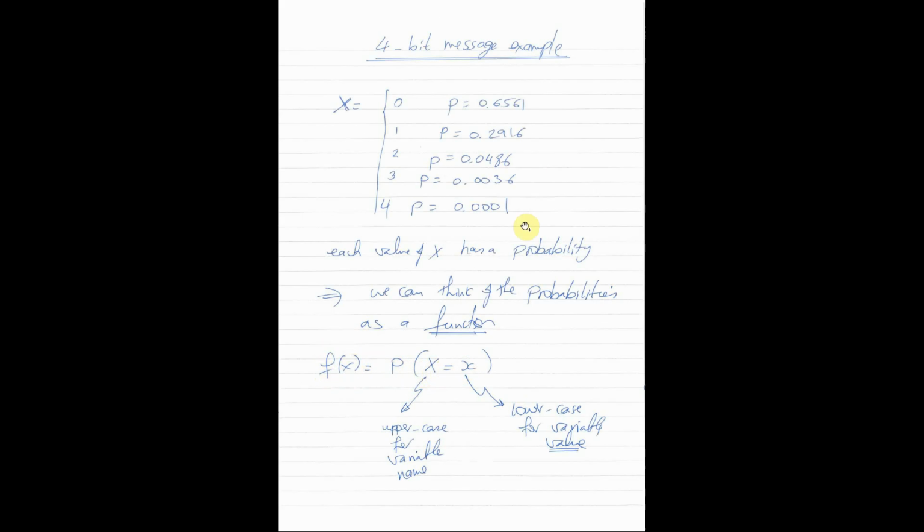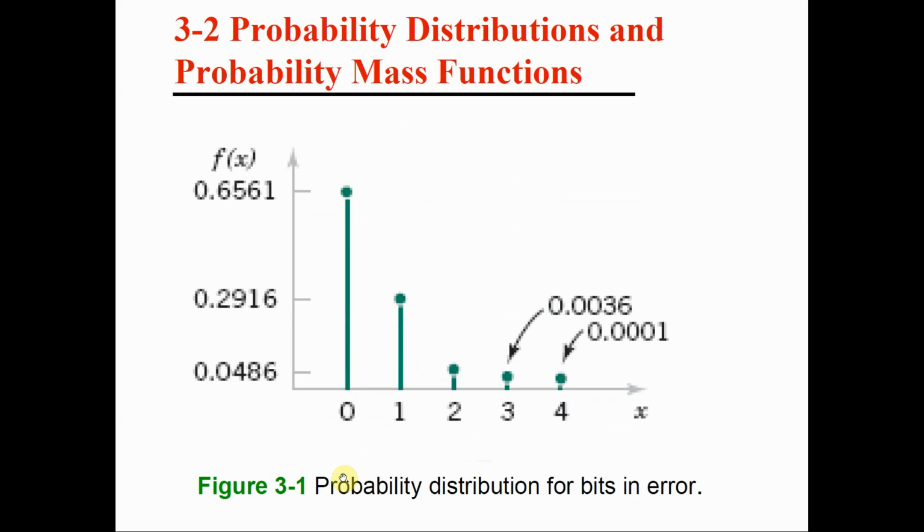Again, for this kind of random variable example, f of 0 is the probability that X equals 0, which is this value 0.6561. For example, little f of 3 here is the probability that the variable X is equal to 3, which is this value 0.0036.